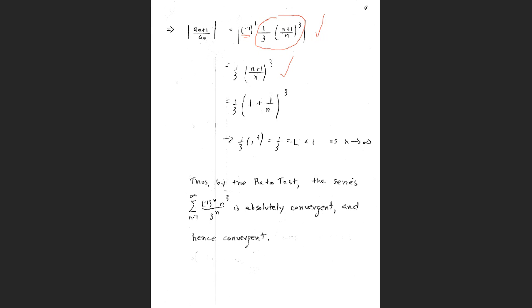And n plus 1 over n is the same as n over n plus 1 over n, and that's going to be 1 plus 1 over n to the third power. That's going to approach, as n goes to infinity, 1 to the third power, because 1 over n goes to 0 as n goes to infinity.